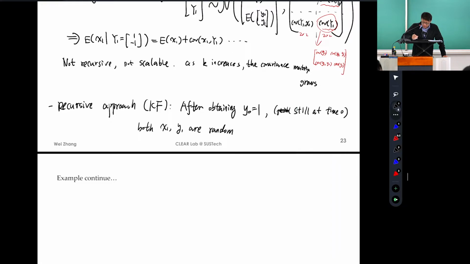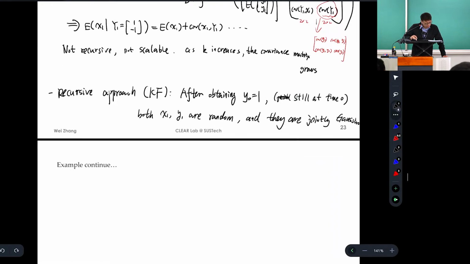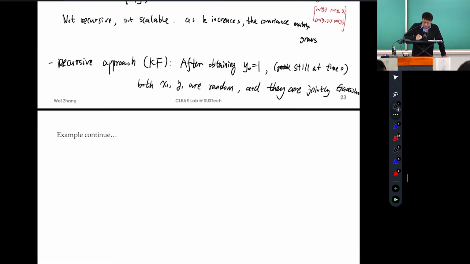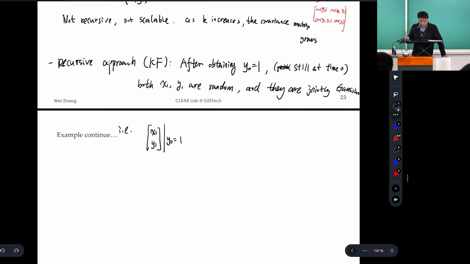Okay, and they are jointly Gaussian, i.e., I have a formula like this. X1 and y1 given y0, that's the only confusing part, so let's pay attention. Given y0 equal to 1, how do we interpret this ugly looking symbol?